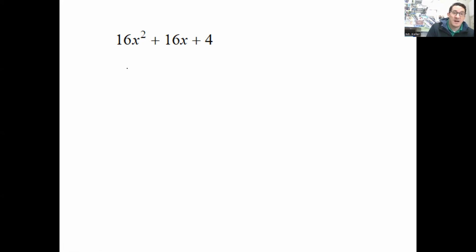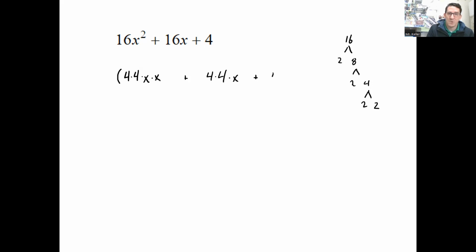So here, you can see 16. I can do a big, long factor tree on it, which would be 2 times 8, and then 2 times 4, and then 2 times 2, and factor all here. I'm going to skip that because I know 16 is just 4 times 4. And then x times x, plus another 4 times 4 times x, and then 4.